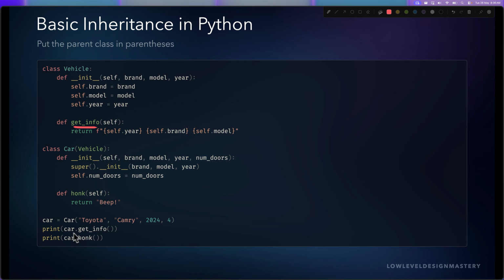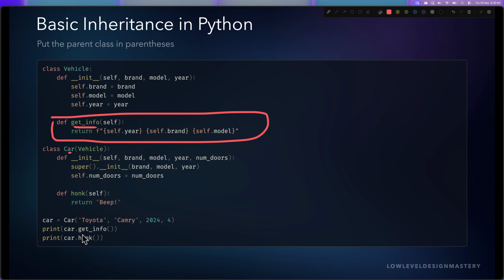So when you say car.getInfo, because the Car class is inherited from the Vehicle class, this getInfo gets called. And second, when you call car.honk, honk is a method that is added on the child class. This just returns beep. So this is how it works.